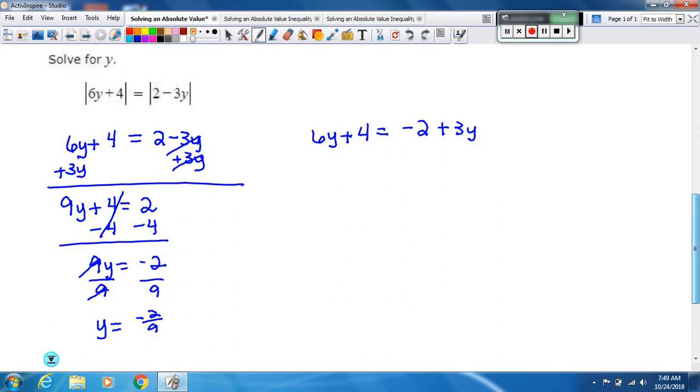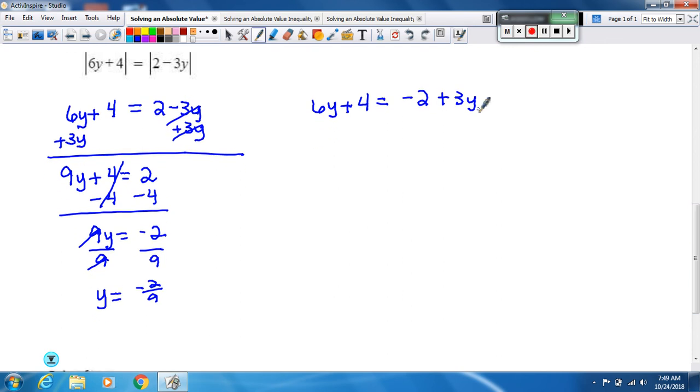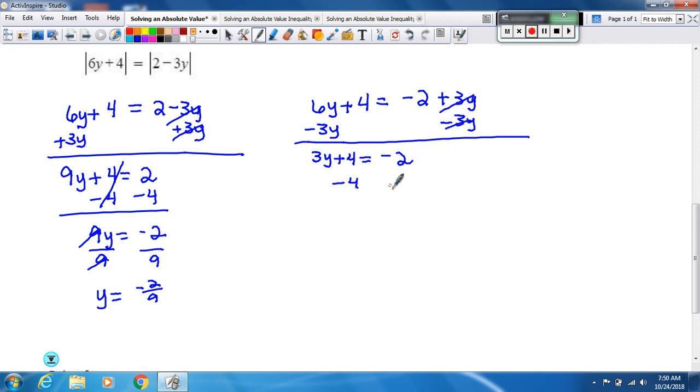On the next one, I'm going to go ahead and put my y's together, so I have to subtract 3y from both sides. So that's going to give me 3y plus 4 equals, bring down the negative 2, opposites cancel, subtract 4 from both sides.